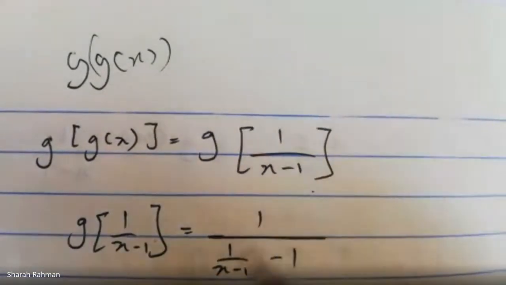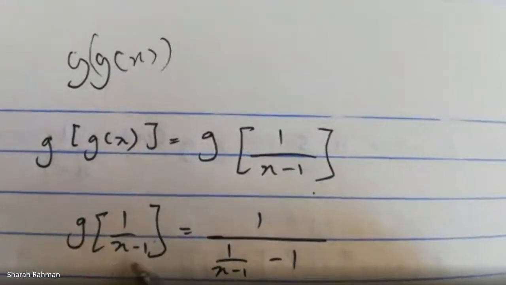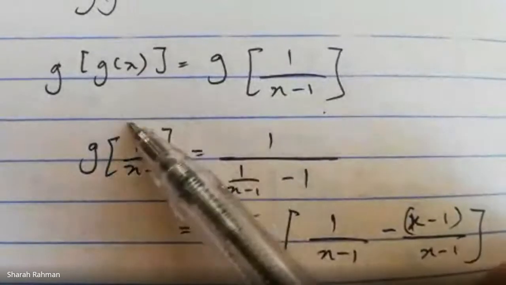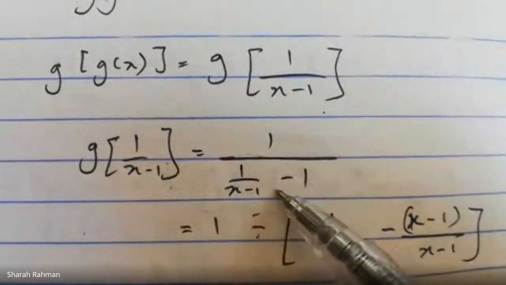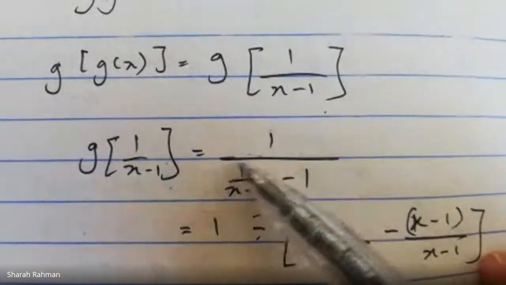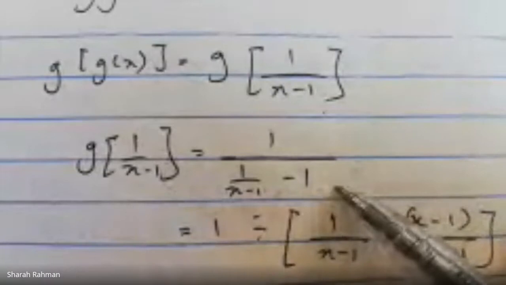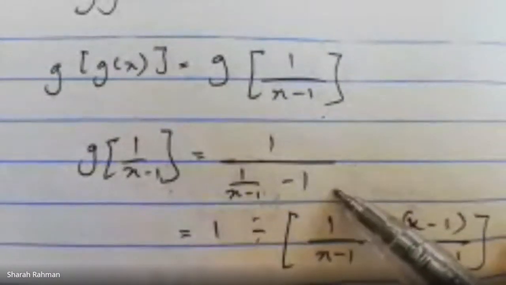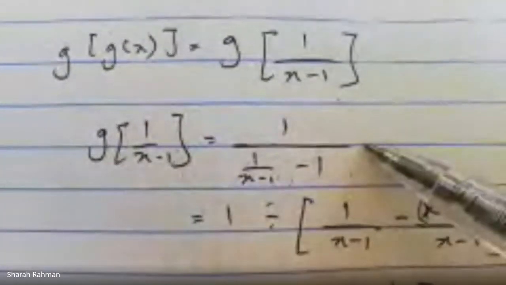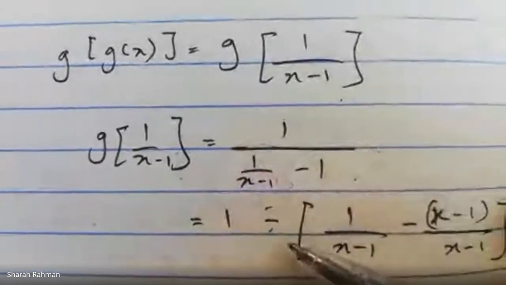Then we want to find g of 1 over x minus 1. We substitute this inside the function g(x), which is 1 divided by 1 over x minus 1 minus 1. Then this one we have the fraction, this also we have the fraction, so we change this one into divide.